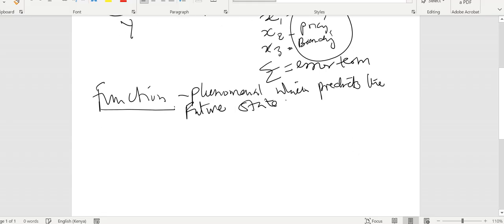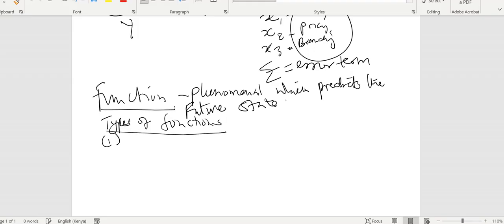So we can have types of functions. One is the polynomial function.